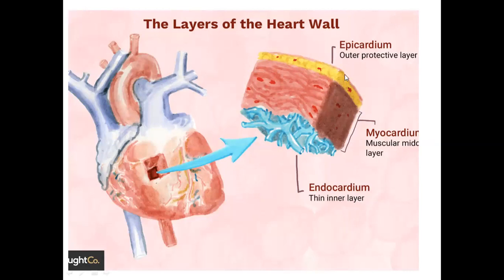Then outside there is the pinkish line indicating the simple squamous epithelium, and then the yellowish area indicating the subepicardial connective tissue. These two components, the mesothelial component and the subepicardial connective tissue, collectively form the outermost protective layer, the visceral pericardium, named the epicardium.